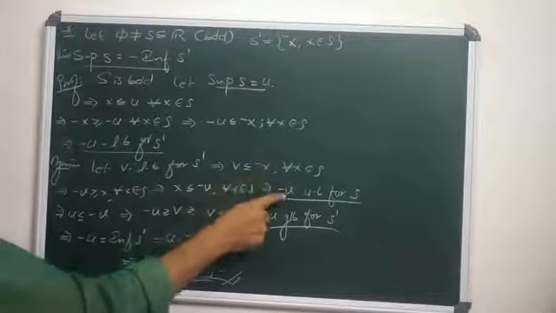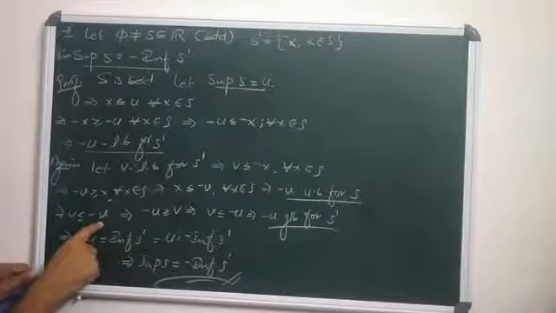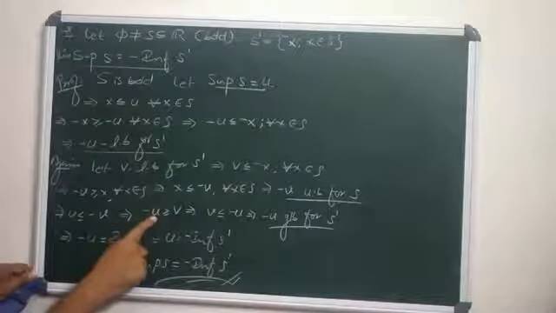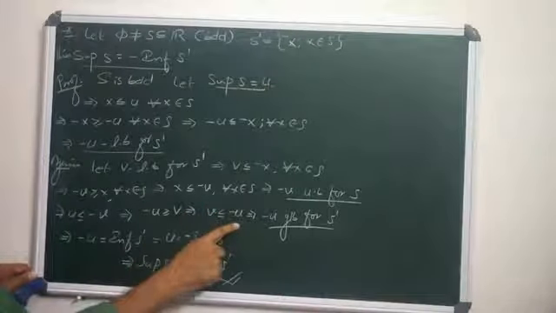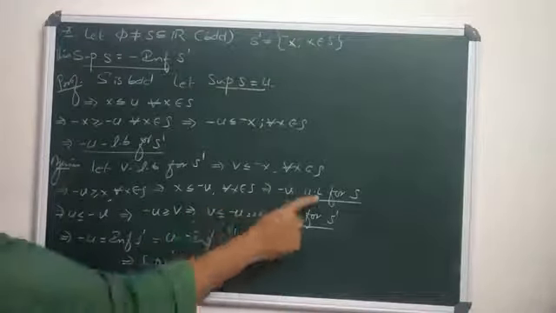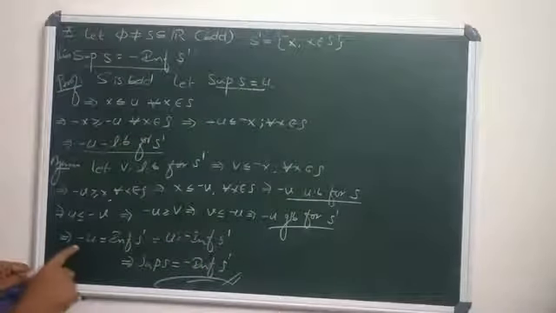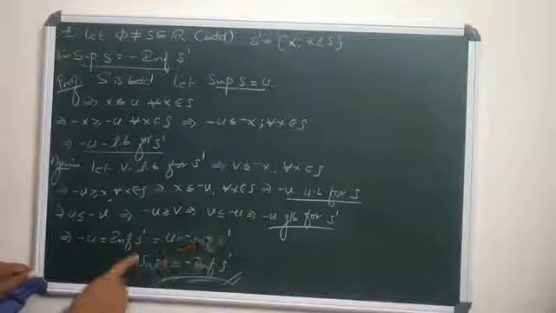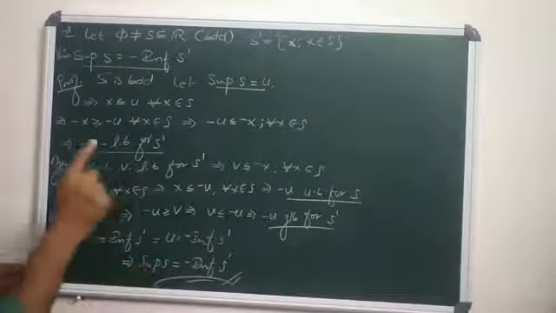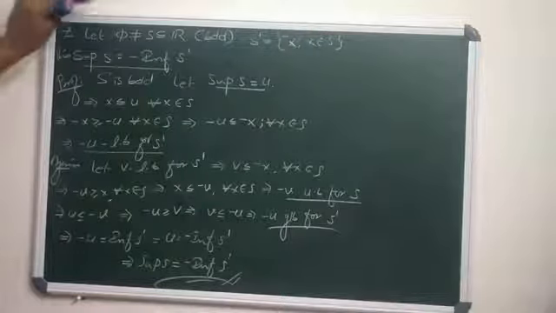Since minus V is an upper bound, but U is the supremum of S, surely U less than or equals minus V. That means minus U greater than or equals V, that means V less than or equals minus U. So minus U is the greatest lower bound for S dash by definition, that is minus U is the infimum of S dash. That is U is minus the infimum of S dash. What is U? That is the supremum of S. The supremum of S is minus the infimum of S dash. Clear? Agree?